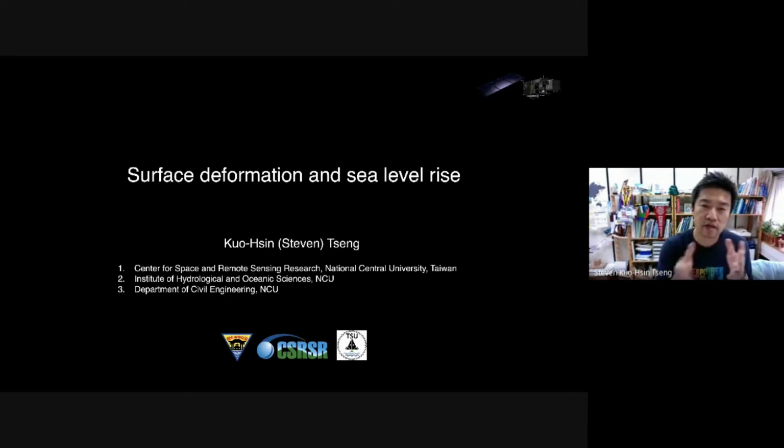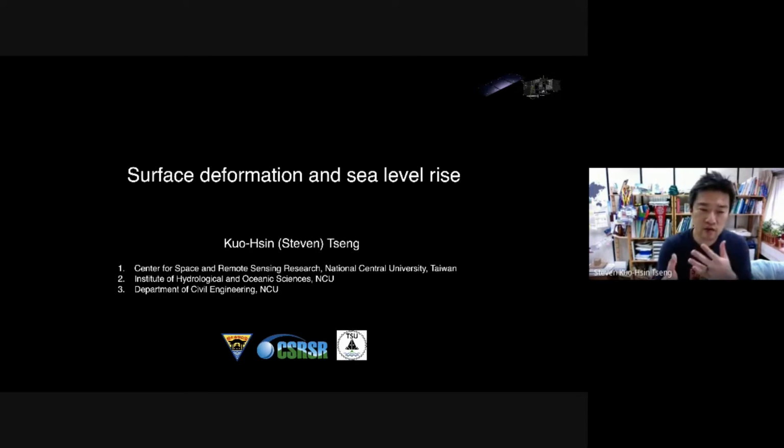And because at the coastal area, the surface deformation, especially the land subsidence, is a severe issue for many of our countries, the surface deformation monitored by interferometry, SAR, the synthetic aperture radar interferometry, is also a key technology to see the vertical motion of the land.